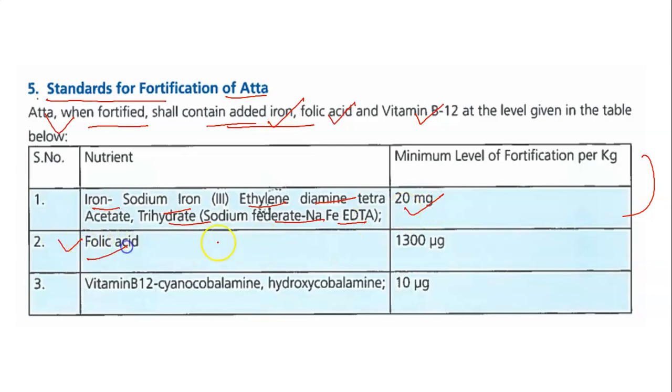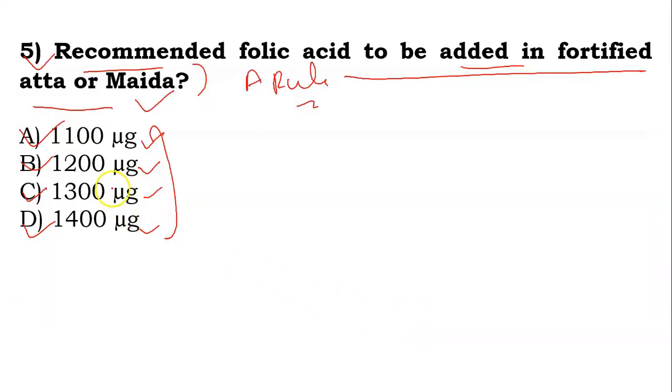The second is folic acid, it should be 1300 microgram, and vitamin B12, that is cyanocobalamin or hydroxocobalamin, should be 10 microgram. So your answer will be 1300 microgram.